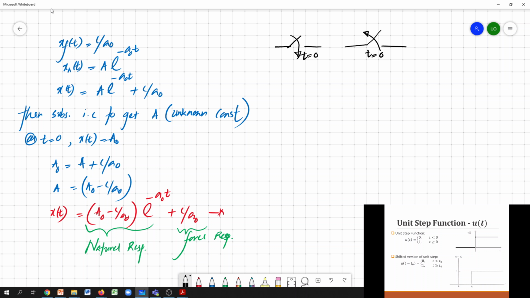For this kind of switch, where you have this type of directional arrow, we claim that for t less than 0, this switch is in off state, and for t greater than or equal to 0, this switch moves to on state. Similarly, for this kind of arrangement, along the direction of this arrow, for t less than 0 we can simply say the switch was in on state, and for t greater than or equal to 0, the switch moves to off state.